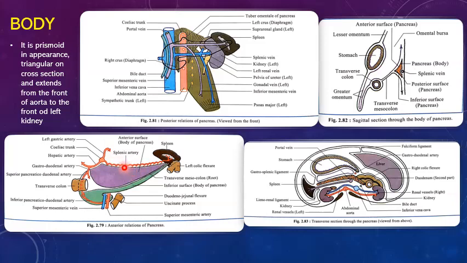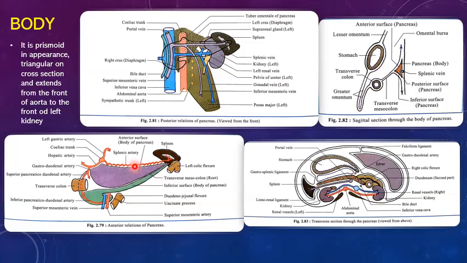So these are the relations of the superior border. So first you have to talk about this tuber omentale. Then the tuber omentale is related to the celiac artery above, and towards its right there will be the hepatic artery. Towards its left, the entire superior border of the body is related to the tortuous splenic artery.